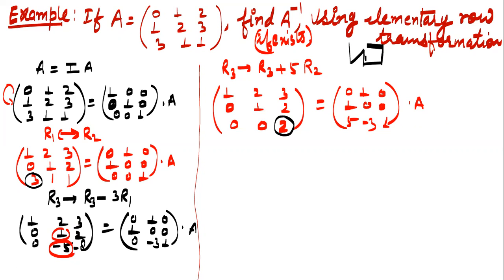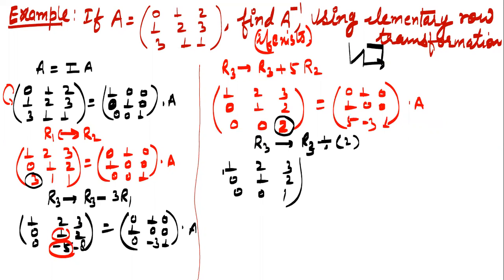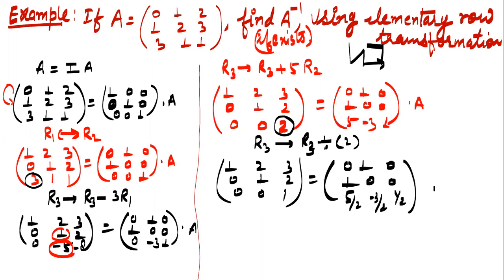So what can I do? R3 arrow R3 divided by 2. That is 1 2 3 0 1 2 0 0 1, 0 1 0 1 0 0, 5 by 2, minus 3 by 2, 1 by 2.